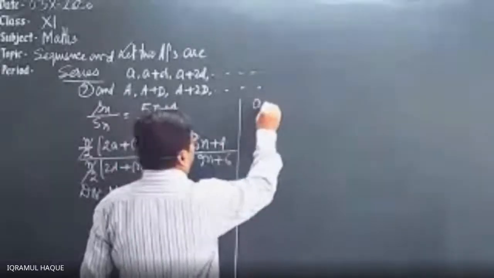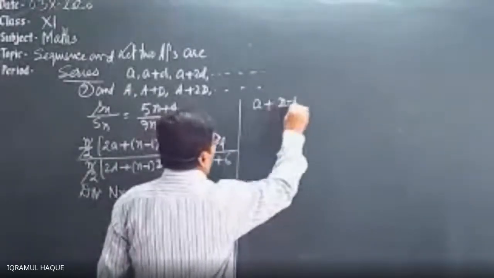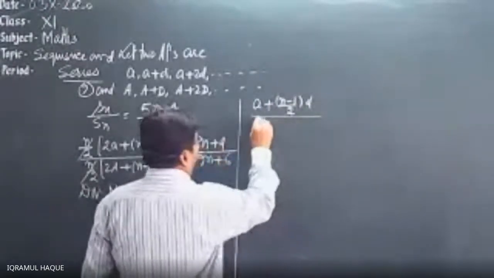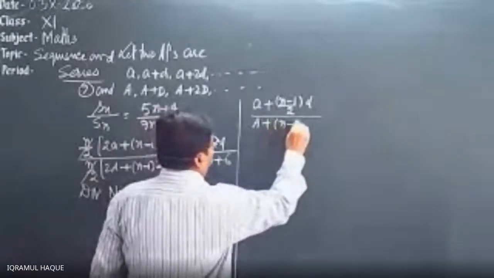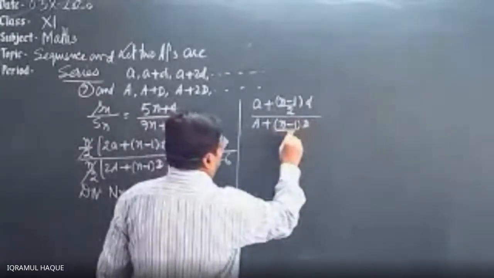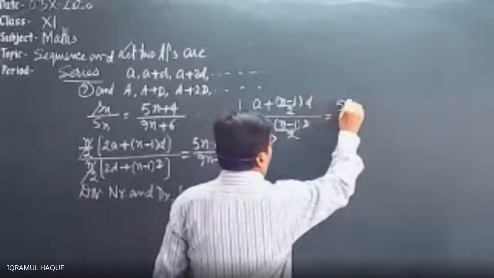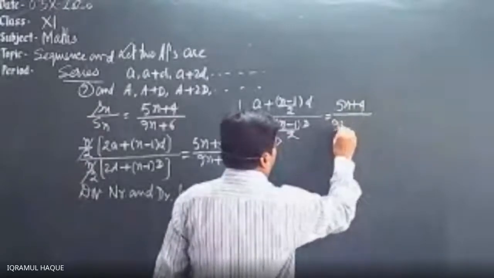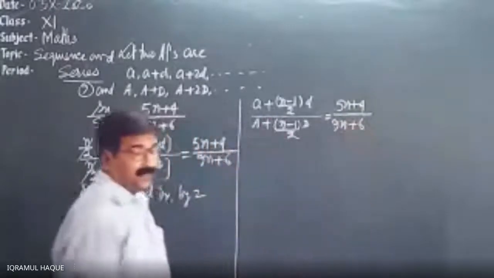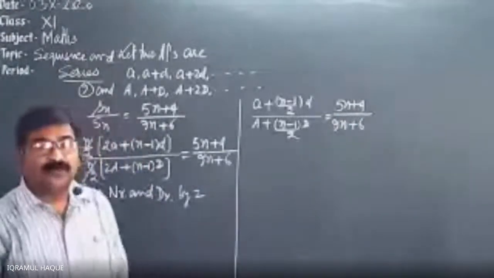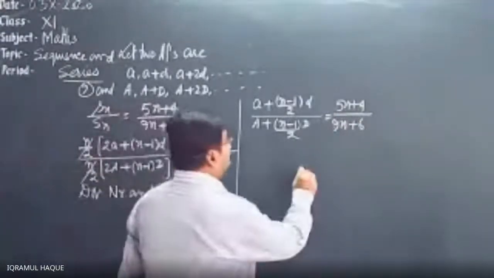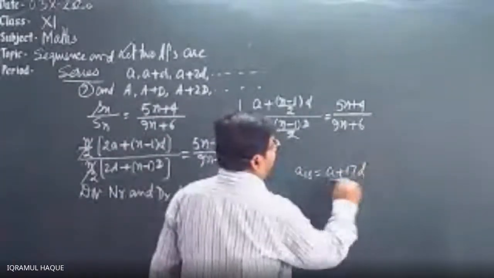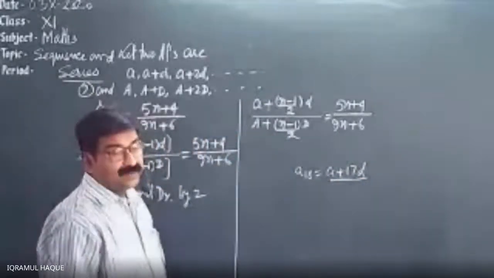We have a plus n minus 1 upon 2 into d upon A plus n minus 1 upon 2 into D is equal to 5n plus 4 upon 9n plus 6. Now let's see. We have to find the ratio of the 18th terms. What is the 18th term? A18 is equal to A plus 17D. The 18th term is A plus 17D.